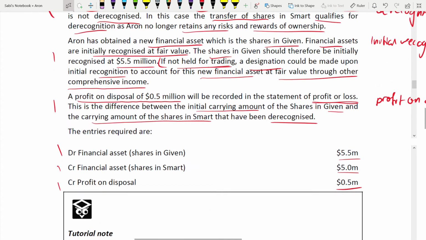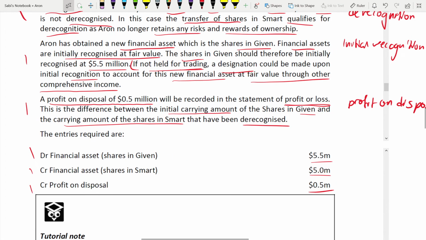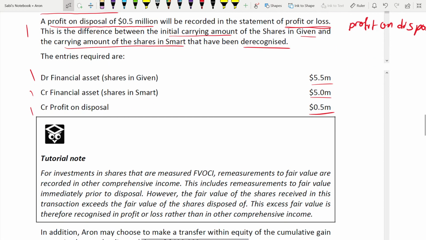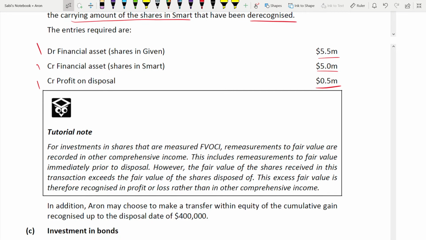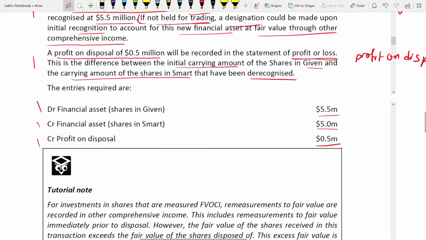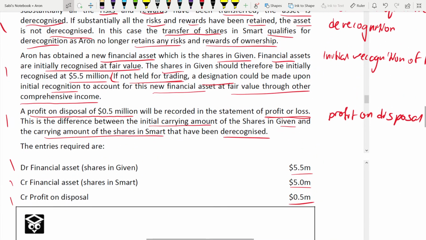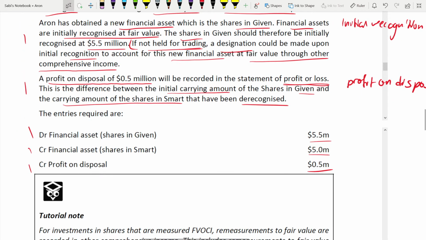Maybe, let's say, because this is 3 marks, they will get 2 marks for the calculation also that comes for writing that. And for the calculation part, you will get 2 marks for these entries.